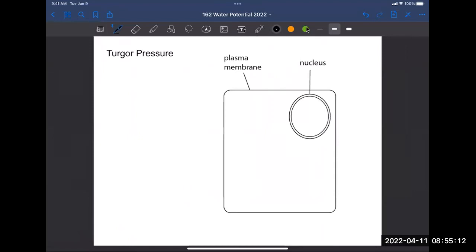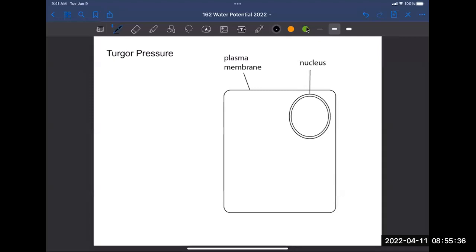So plant cells have this cell wall made of long strands of cellulose and a bunch of other important molecules. We'll look in more detail at the cell wall later. But right now, what you need to know is that the cell wall is this kind of semi-rigid structure. It's able to flex a little bit, but it can't change its shape or its size indefinitely. And so it puts constraints on the ability of the plant cell to swell up.